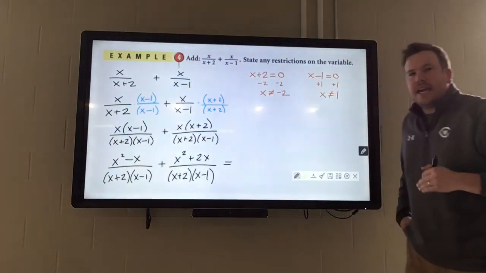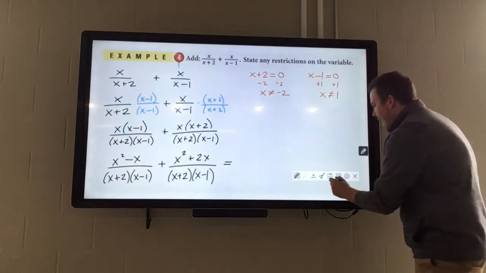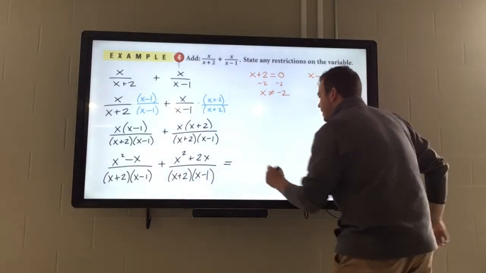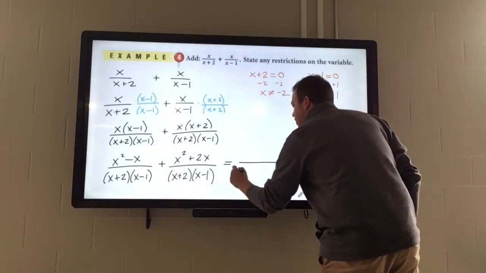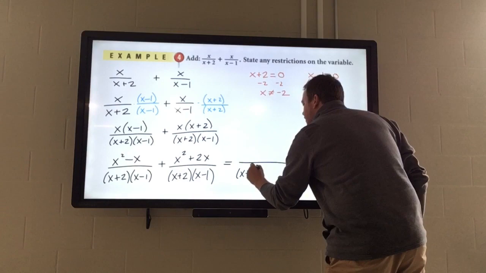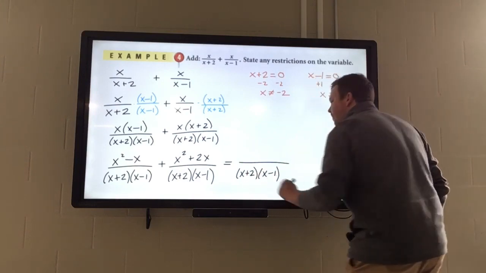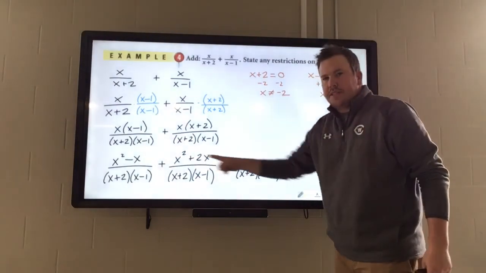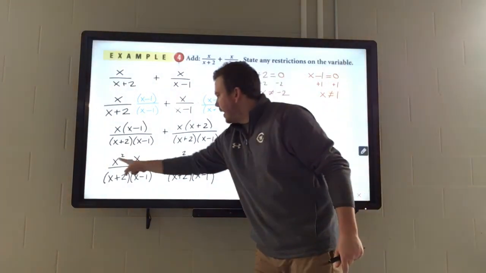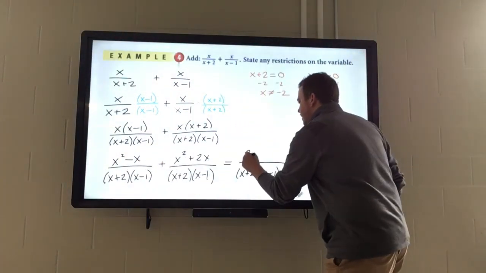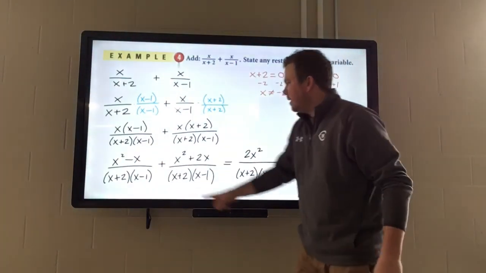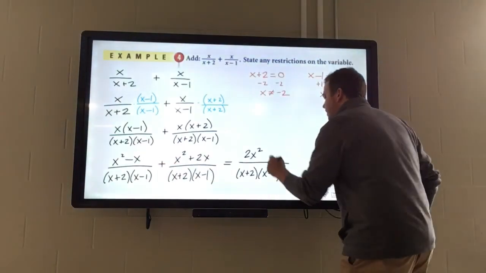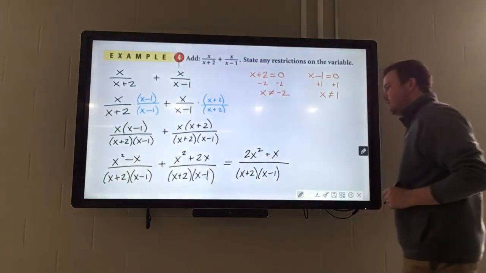And we know when we add fractions, we add the numerators and keep the denominators the same. So my denominator will remain x plus 2 times x minus 1. In my numerator, we just need to add. x squared plus x squared is 2x squared. Negative x plus 2x equals x.